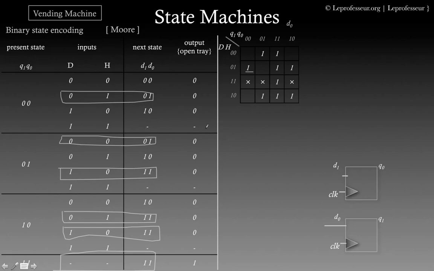you see here the dash, it means the don't care thing. We will make use of it as we like it. Okay, now next would be, say here 0 and 1, where Q1 Q0 is 0 and 1, and D and H are 0 0. So we made that entry.